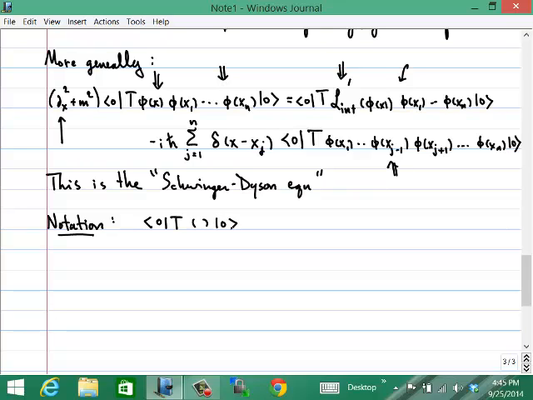So when I take the time-ordered expectation value of something in the vacuum state, I'm just going to write it as an expectation value. And I'll never get anywhere in life if I keep writing these parentheses. So for now, instead of writing phi of x_i, I'll just write phi sub i. And instead of writing phi of x, I'll write phi of x.